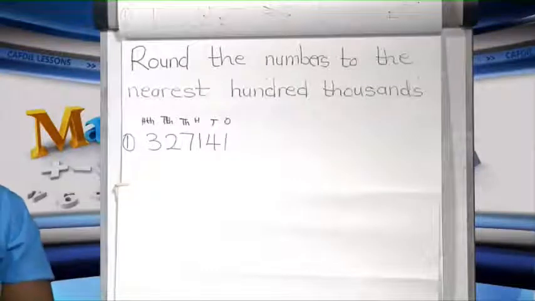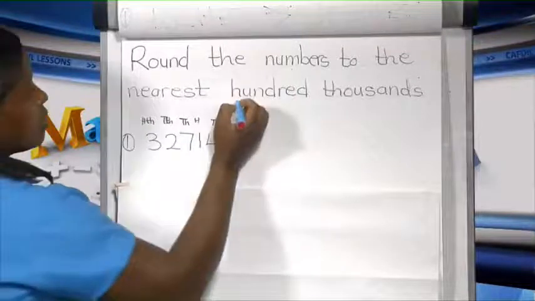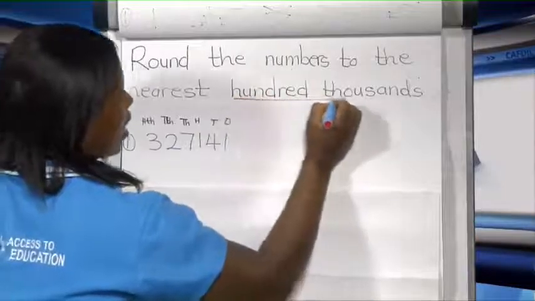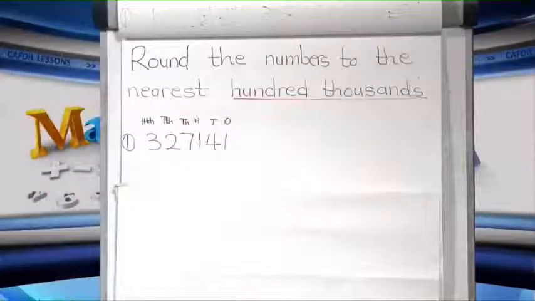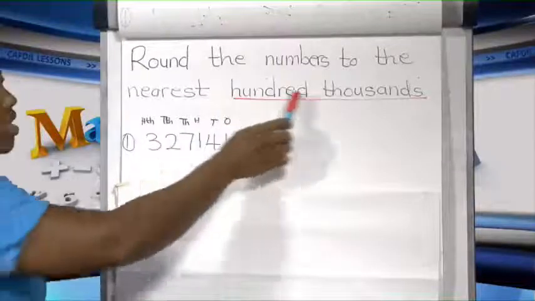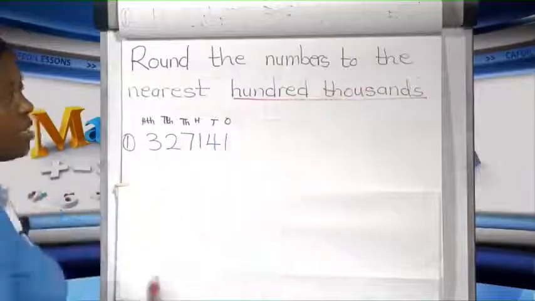Now before you round up numbers, you have to look at the target one, 100,000s. So this is what we are looking at, 100,000s.